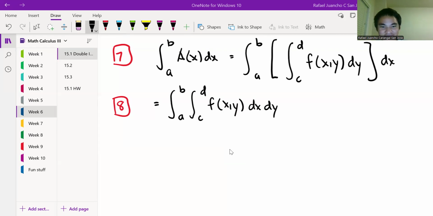Sorry, my bad. I integrate first with respect to x, and then I integrate with respect to y. So that's how this would look. I almost said the wrong thing. And so the idea is that we work from inside out.